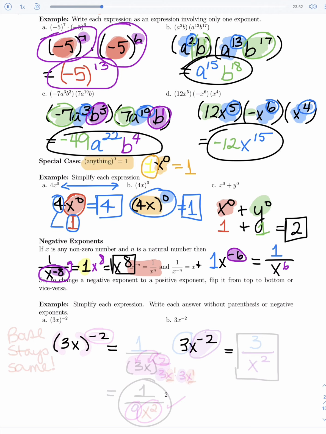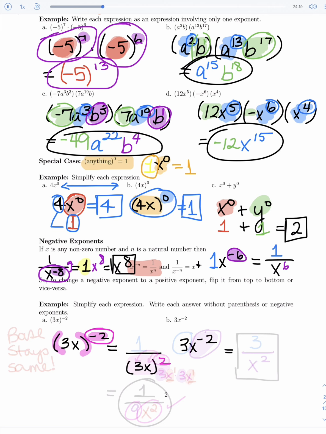Because the entire 3x has the negative exponent, if we want to turn that negative exponent into a positive exponent, we have to drop the entire thing. The 3x, which we think of as our base, stays the same. The only thing that should be changing is the exponent. When we drop that to the denominator, the exponent goes from negative to positive.